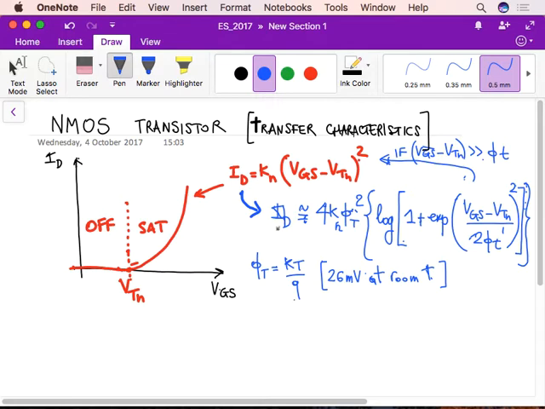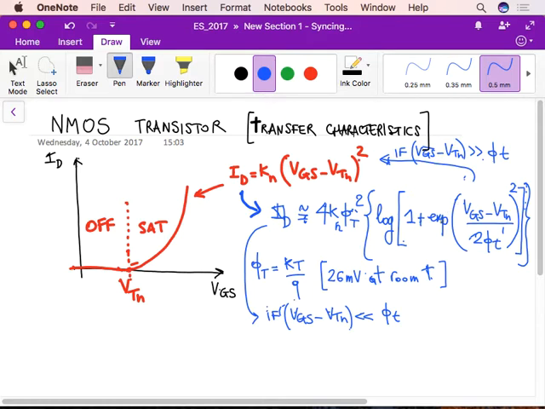What is easy to understand is what happens in the other limit, because we can make some simplification. If VGS minus VTN is much smaller than phi t, what happens is the following.